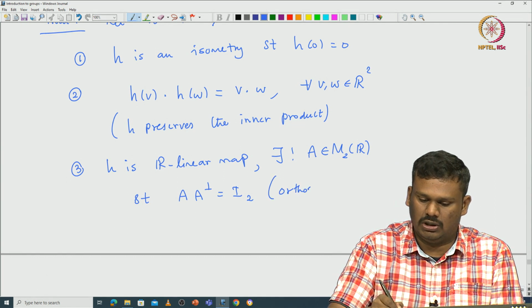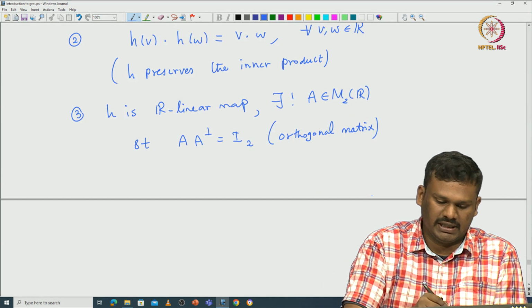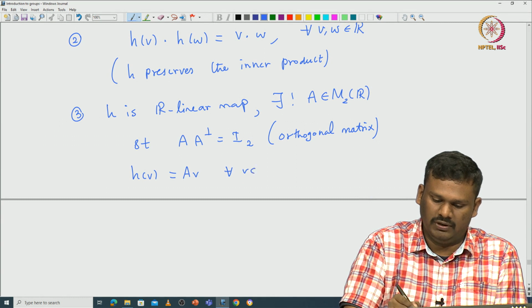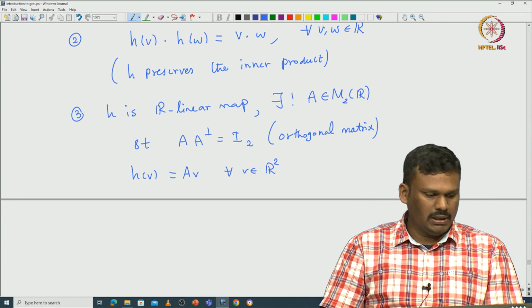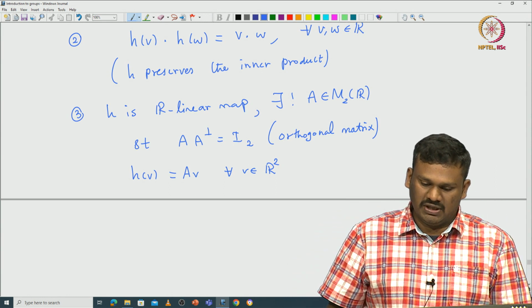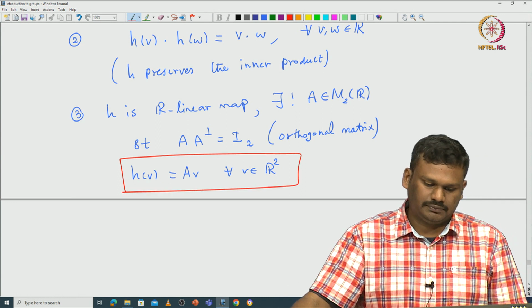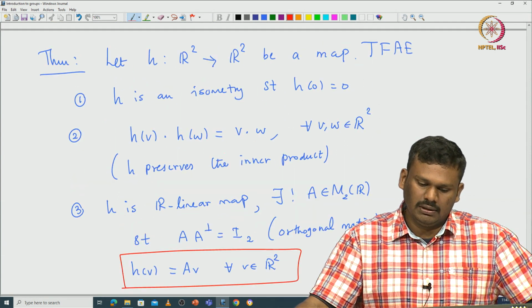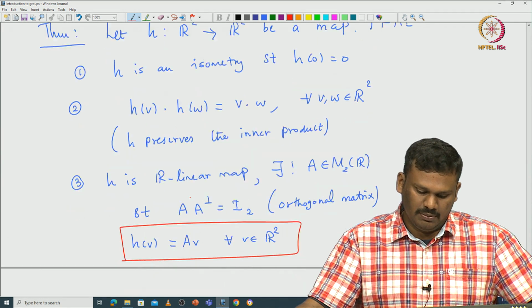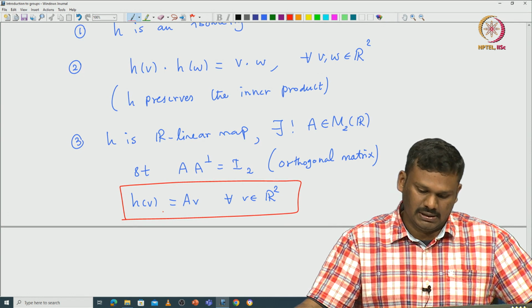So, this is an orthogonal matrix, and H is given by A V for all V in R2. So, we have a very explicit description of H in terms of orthogonal matrices. If you start with an isometry that fixes origin, then it must be coming from some orthogonal transformation, that is what it says.